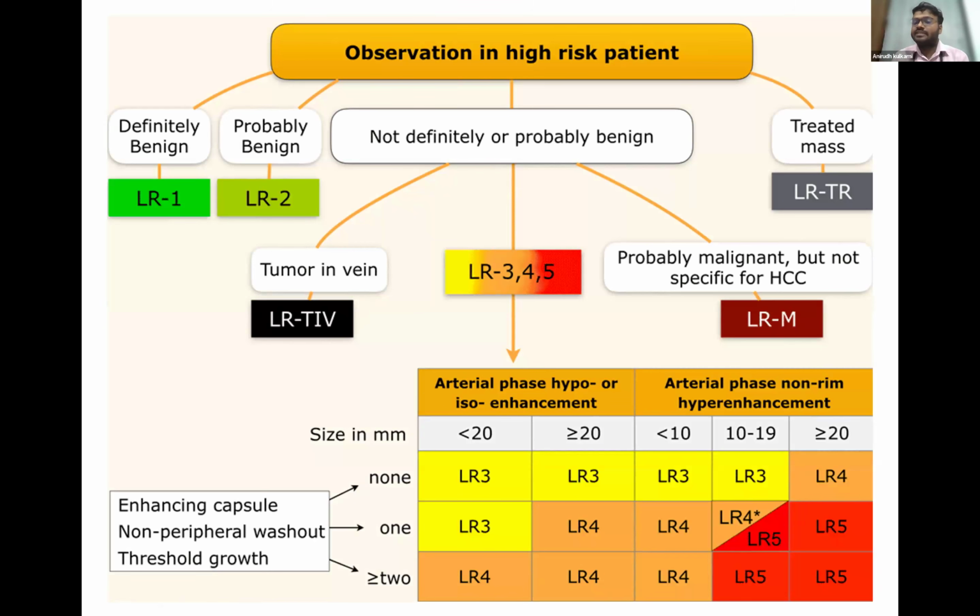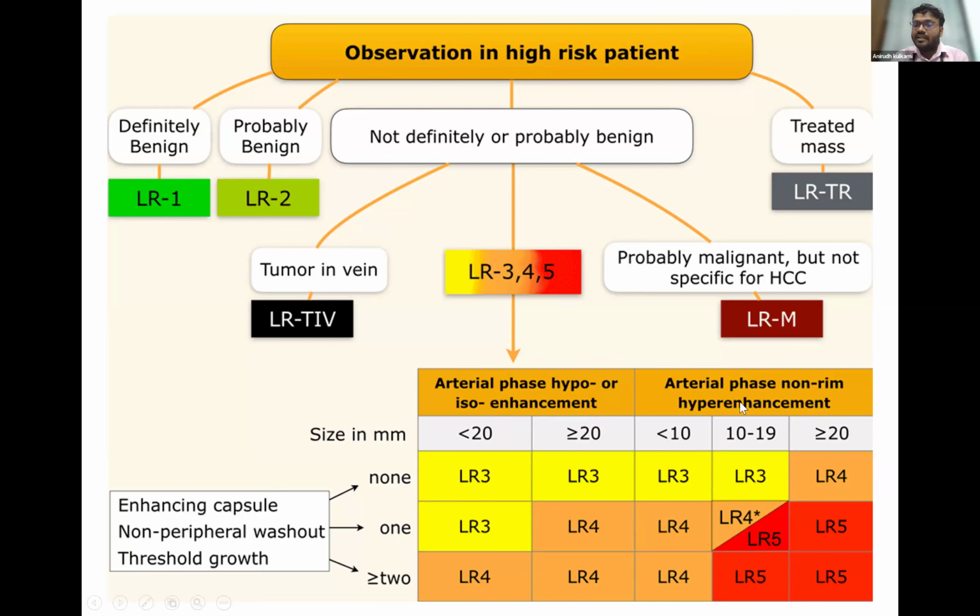If it is probably malignant but not HCC, it is given LR-M, like cholangiocarcinoma. Now, LR-3, 4, and 5, how we have to see is whether there is arterial phase non-rim hyperenhancement, or in arterial phase there is hypo or isoenhancement.